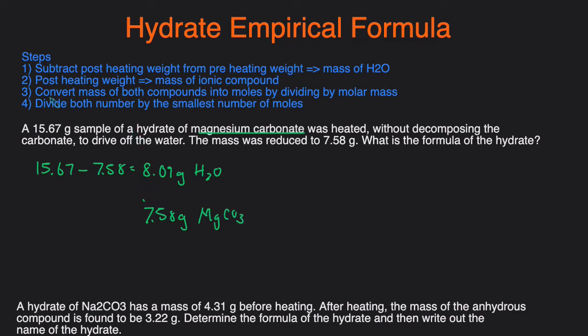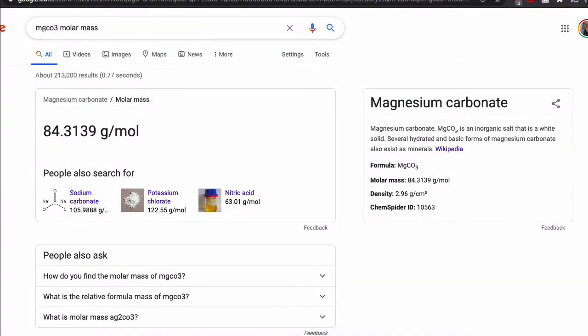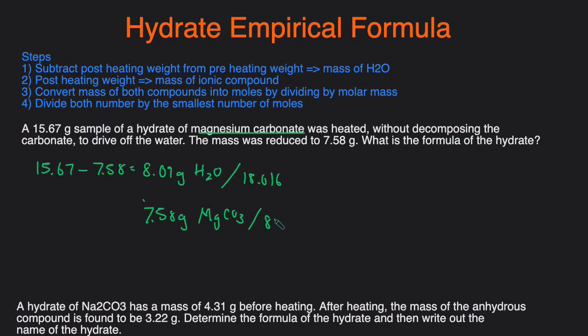Then, next step, we're going to convert the mass of each of the compounds into moles by dividing by the molar mass. The molar mass of water is approximately 18.016, and the molar mass of magnesium carbonate, we can just look it up, is approximately 84.31. So we take the mass that we got and divide it by the molar mass, and that'll give us the number of moles.